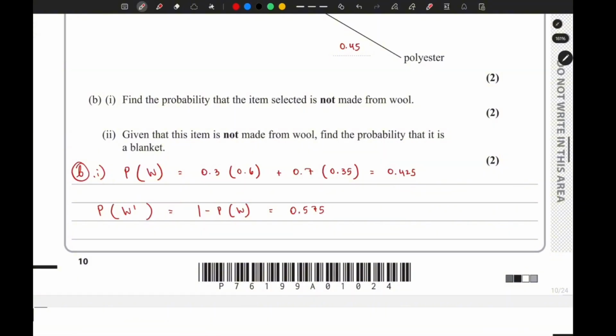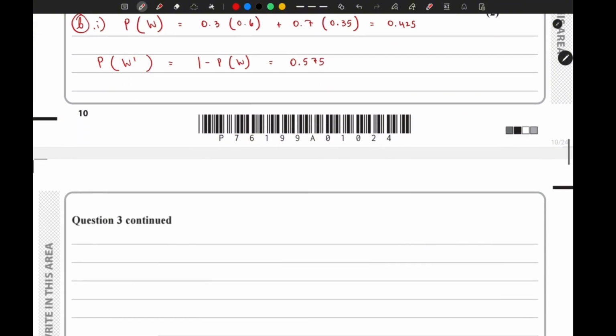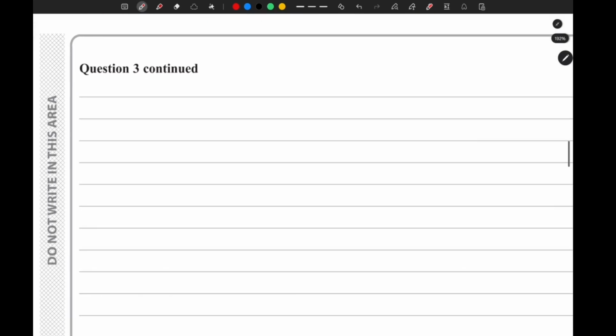Now for the next part, given that this item is not made from wool, find the probability that it is a blanket. So basically they're talking about finding the value of the probability of B given W prime.